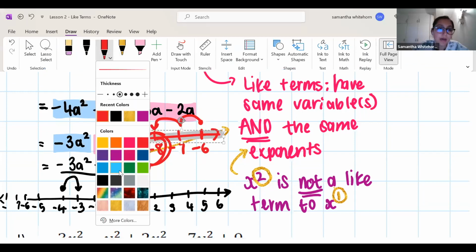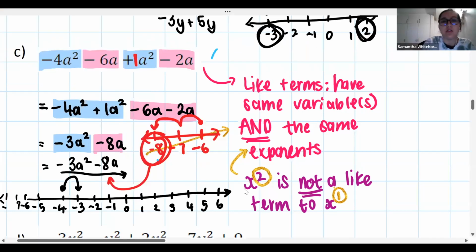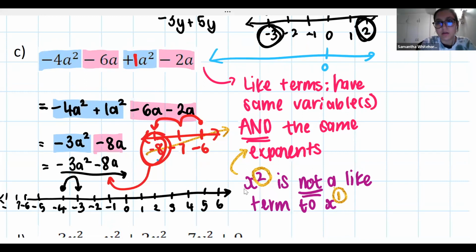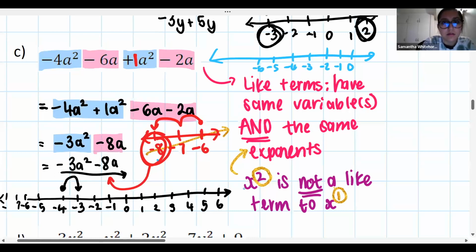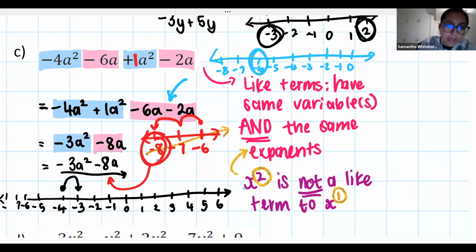So the minus 6a minus 2a. Look at your number line in blue here. Let's try that again. Right, here I am with my negative 6a's. I want to take away 2a's.